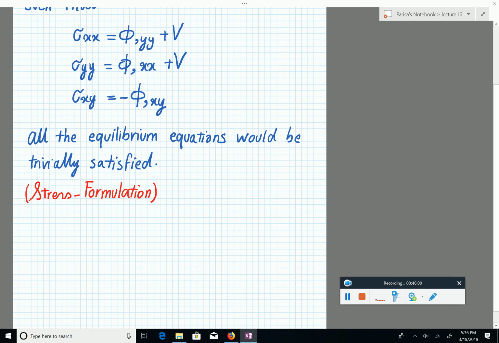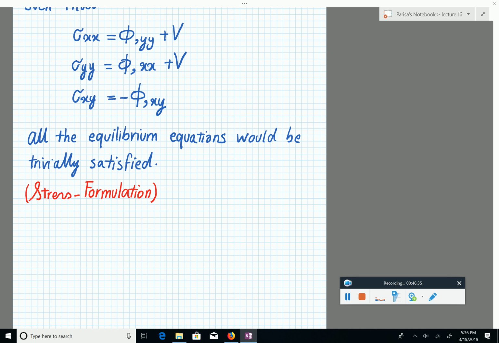So, see what happens. Someone called Airy came up with this idea that if you have a field phi, and if the relationship between the stress and this field are as you see there, all these stresses are going to satisfy all the field equations. And you can check that. So to clarify, it's all the equilibrium equations.